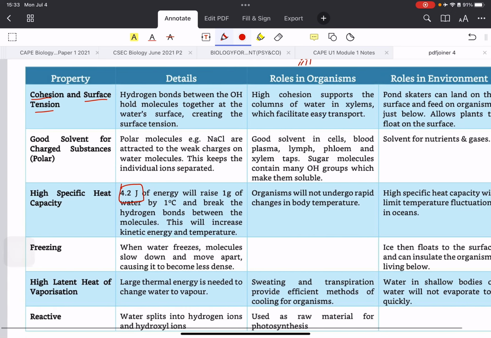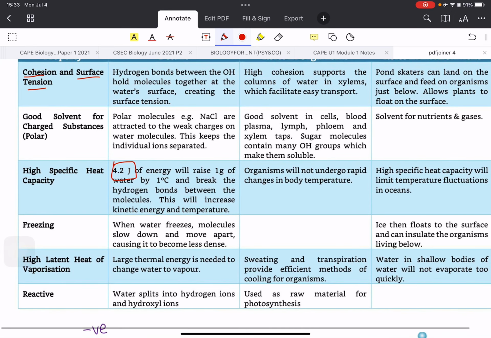Okay, freezing. Now, a very important property of water is that when water freezes, the density actually decreases. This is why ice, when you put it into a drink, will float, right?